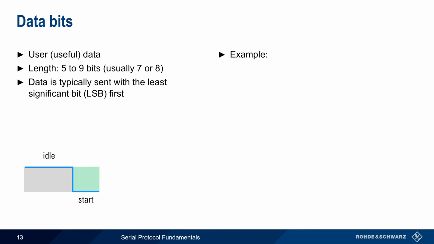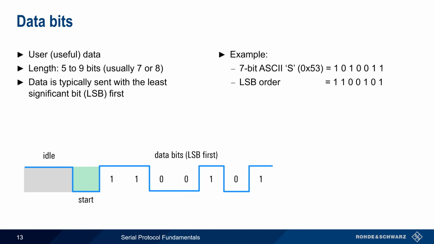If we want to send the capital letter S in 7-bit ASCII, this is the bit sequence 1010011. We first reverse the order of the bits to put them in least significant bit order, that is 1100101. We then send them out. After the last data bit is sent, the stop bit is used to end the frame, after which the line returns to the idle state.